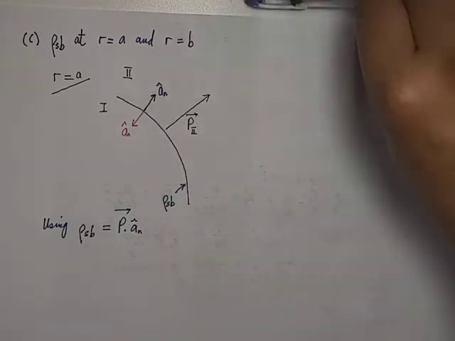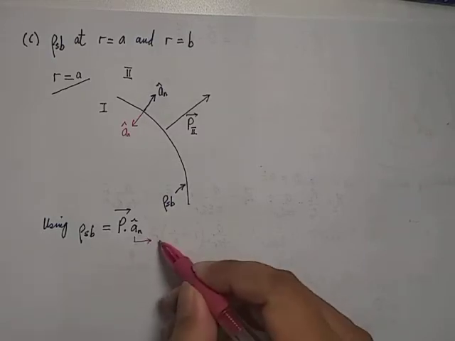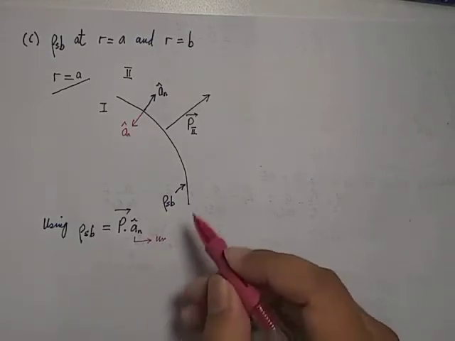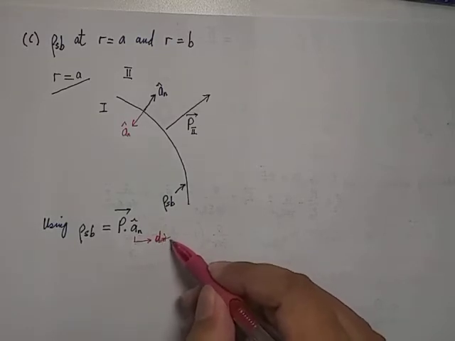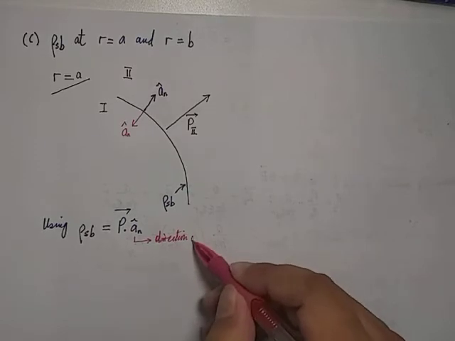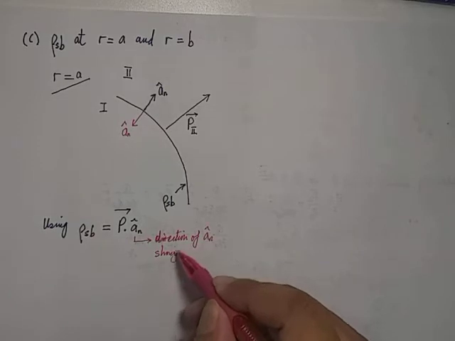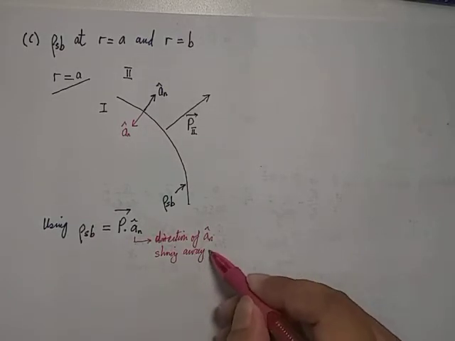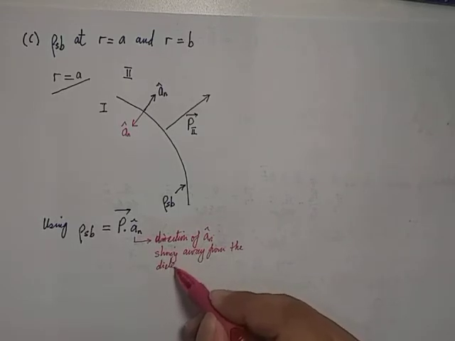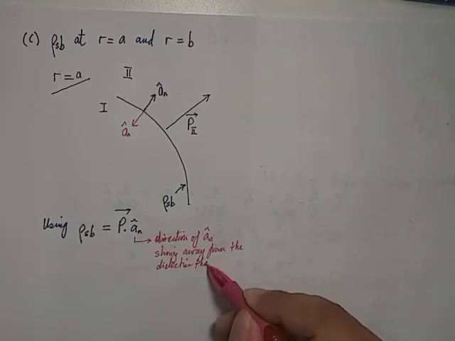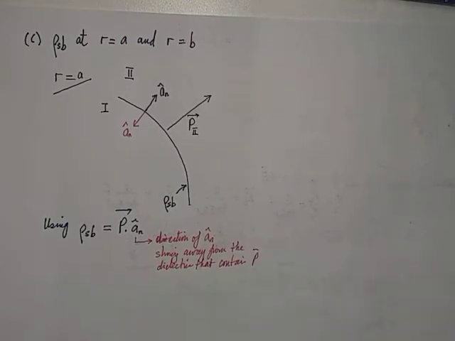So the way we define the AN, always use this principle. The unit vector AN is the direction showing away from the dielectric that contains the P vector.